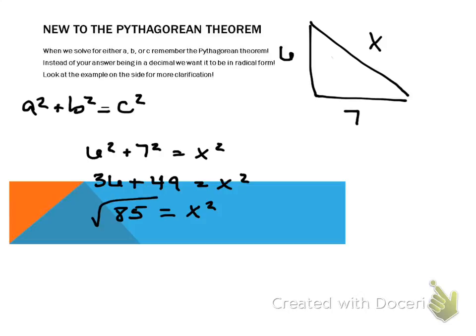Take your square root like normal. Now we want to simplify this radical, but if you look through all your perfect squares, none of them are a factor of 85. So your answer is literally just x equals square root of 85. If there was a perfect square that was a factor of 85, then you would pull it out and you would have a number times the square root of another number. So for this problem, your answer is just square root of 85.